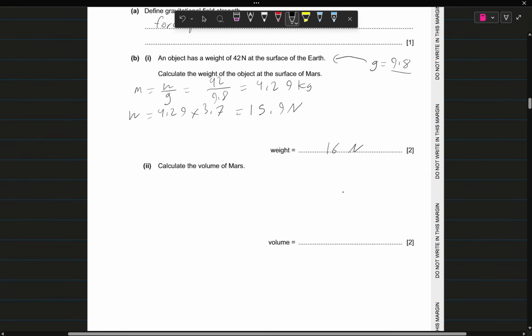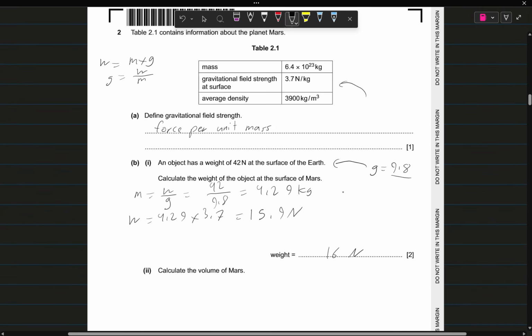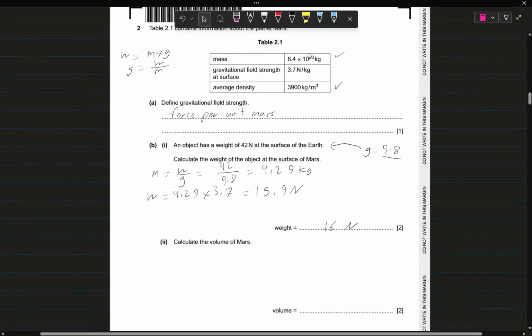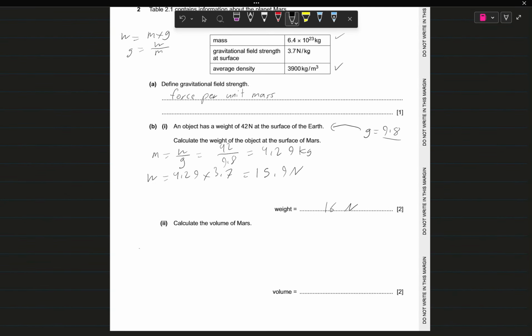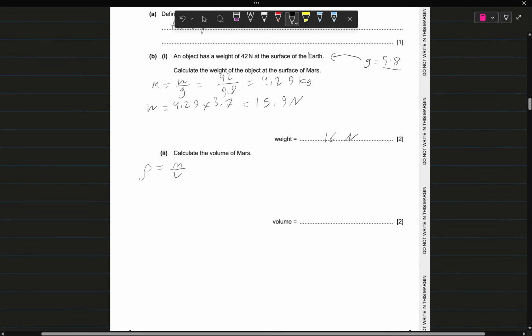Now calculate the volume of Mars. Interesting. Okay, so we have the density and we have the mass, so we can find the volume. Now the density, rho, will equal the mass, m, over v. So if we derive that and make v the subject, that will be mass over rho, which is the density.